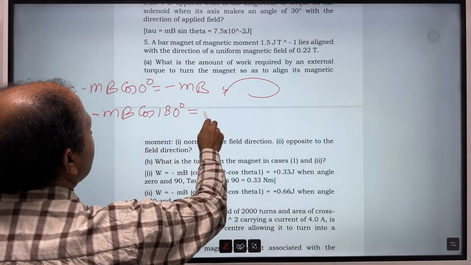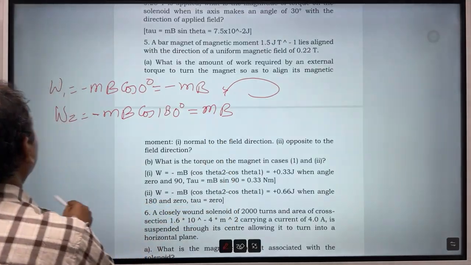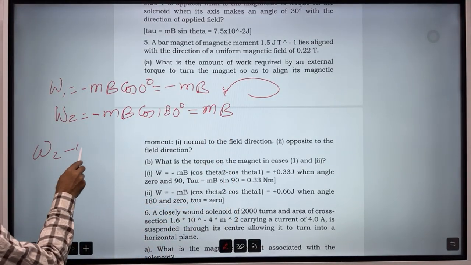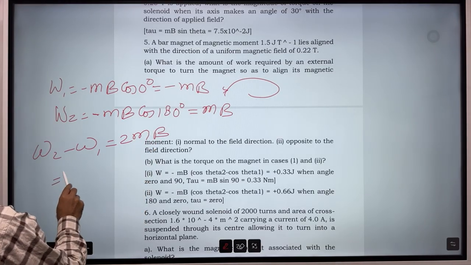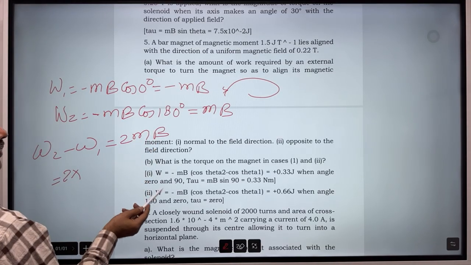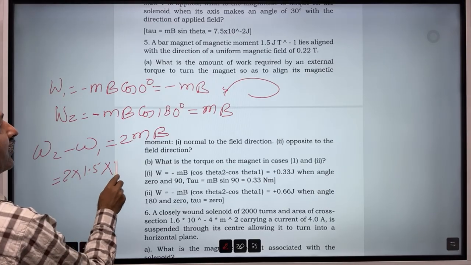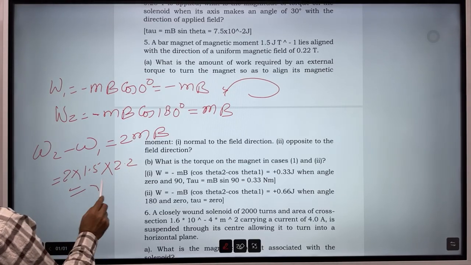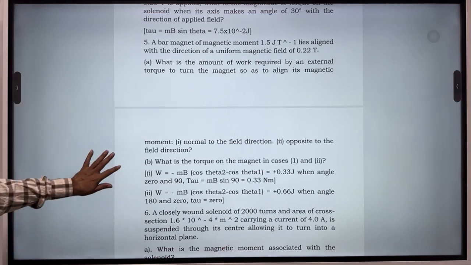So this will become plus MB, right? If you find the difference W2 minus W1, it will be 2MB, and then you can put the values, twice of M. So M is equal to 1.5 and then B is 0.22, and then evaluate. So it will be double of the previous case, correct? And then comes question number 6.